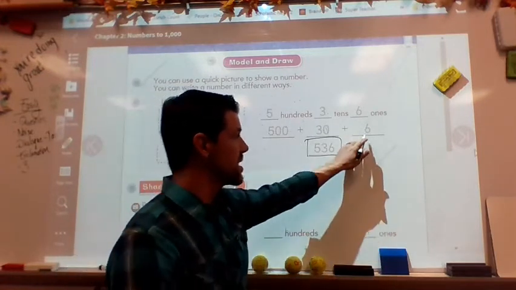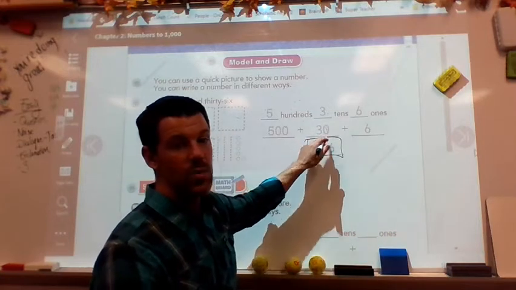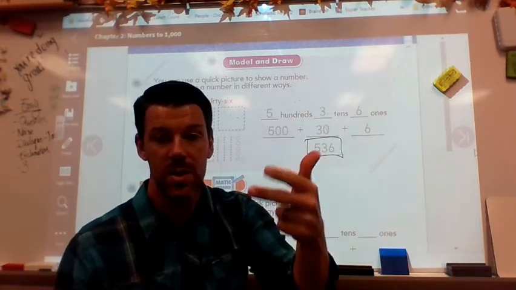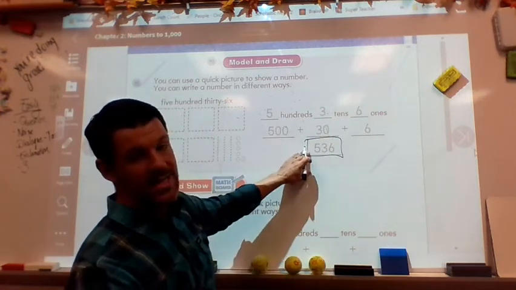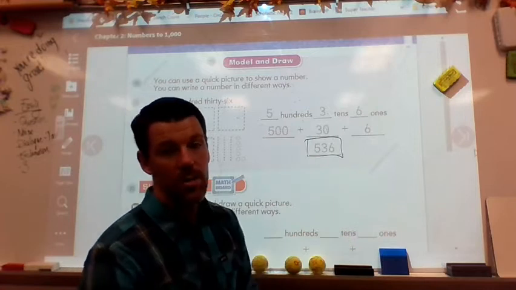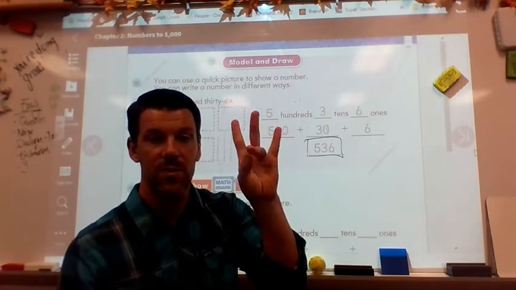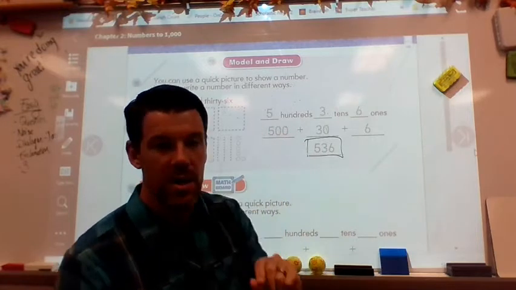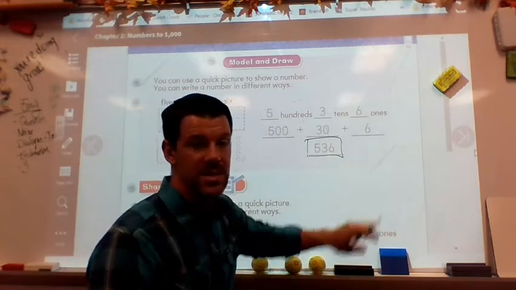So how much is this 6 worth? 6 ones. How much is 3 tens worth? 10, 20, 30. So we'd write our 30 in there. And then how much is the 5 worth in the standard form? There are 500, so 100, 200, 300, 400, 500. So our expanded form is 500 plus 30 plus 6.